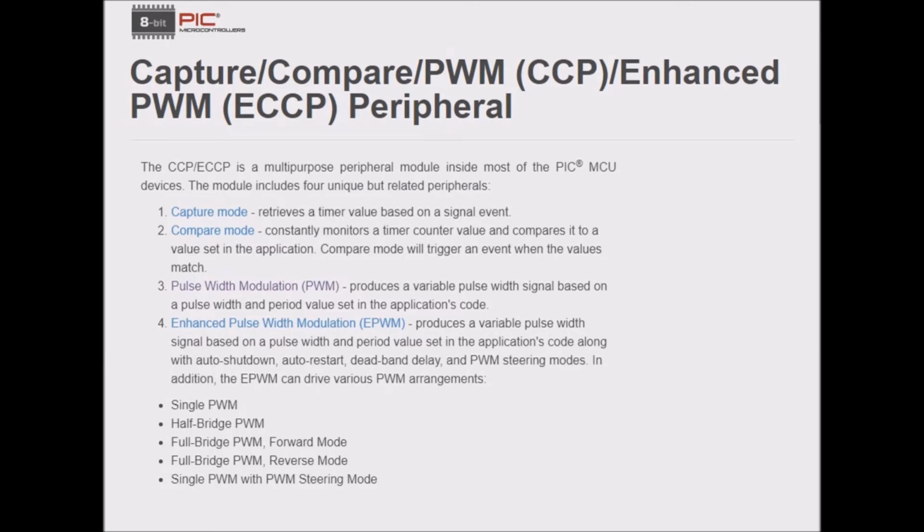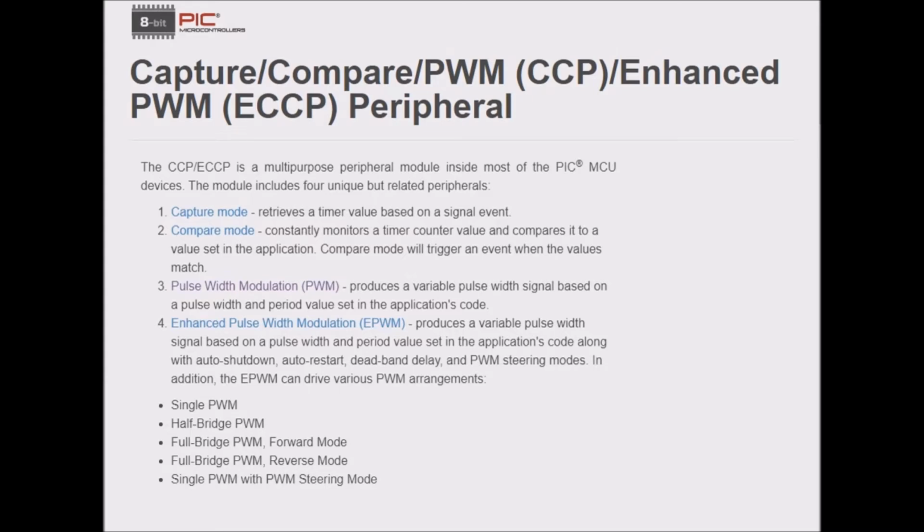Enhanced pulse width modulation, EPWM, produces a variable pulse width signal based on a pulse width and period value set in the application's code, along with auto shutdown, auto restart, dead band delay, and PWM steering modes.